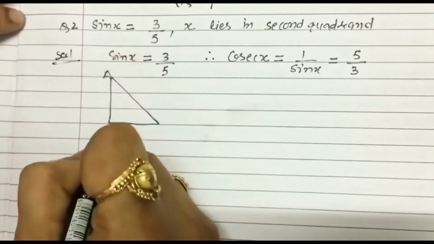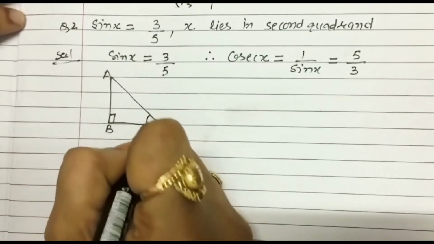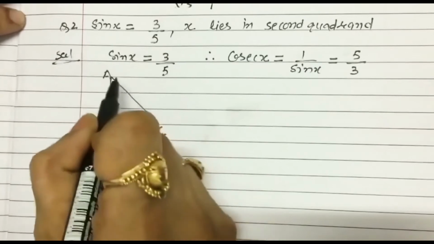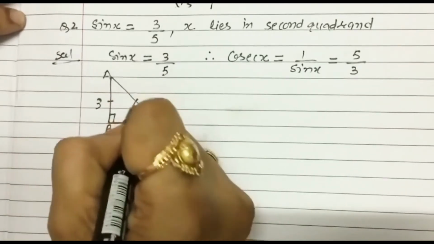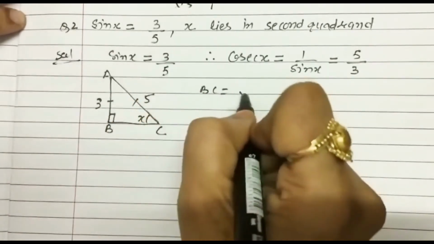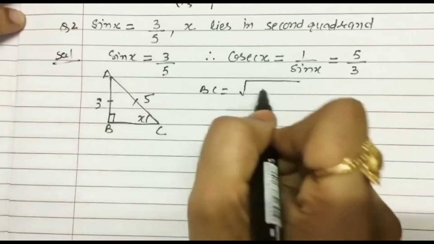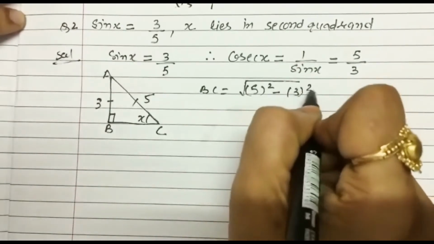Here ABC is a triangle. Angle B is 90 and here it's x. Sin is perpendicular by hypotenuse. So first find BC. According to Pythagoras, it is 5 square minus 3 square.